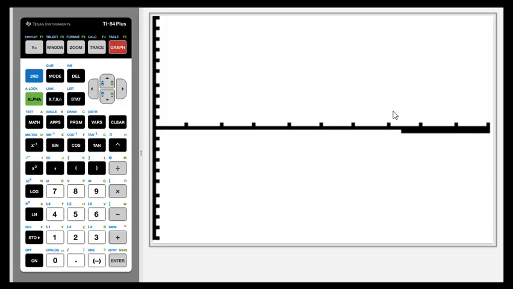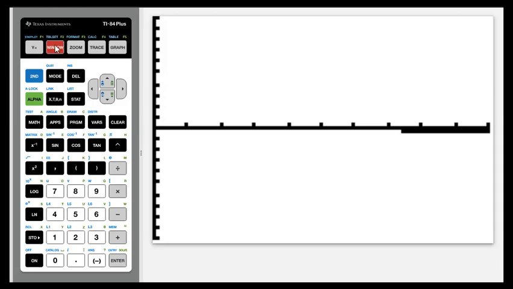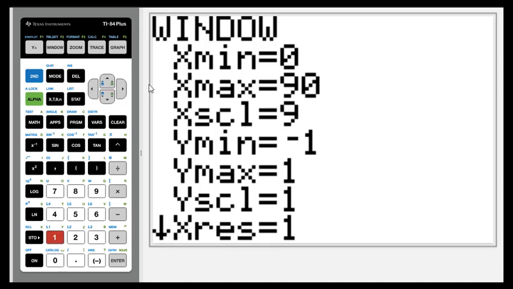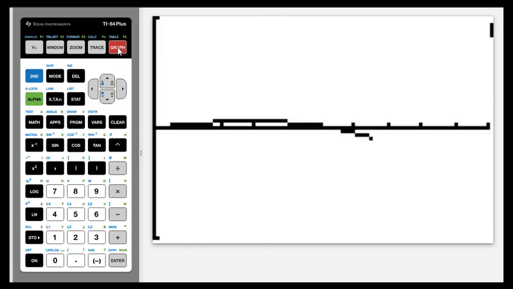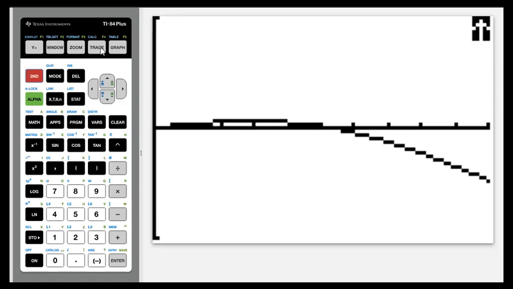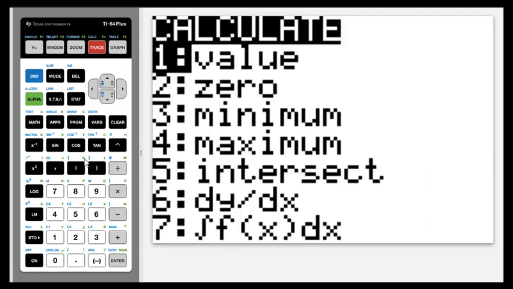You will see something like that. When you see this graph, that means your y-axis is too big. So let me go to window. For the y-axis, I will do -1, and the maximum, let's do 1. So we graph again. This is a little bit clearer. Then I do second trace, 2.